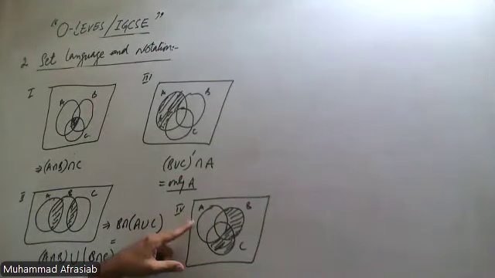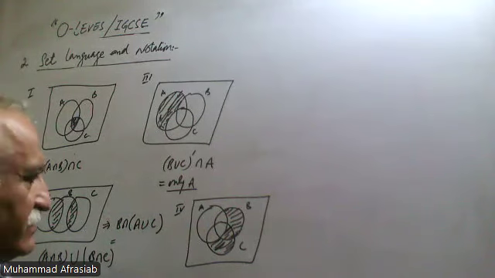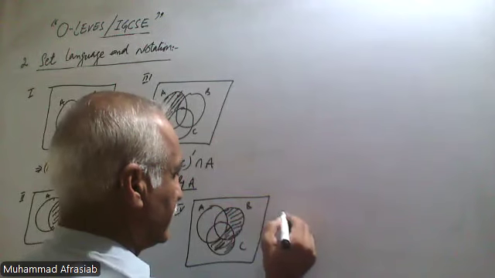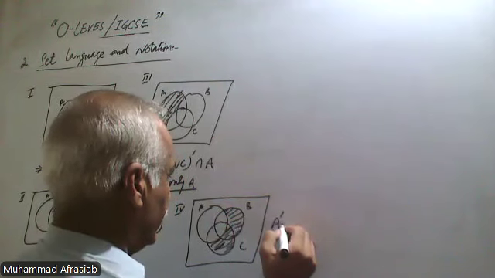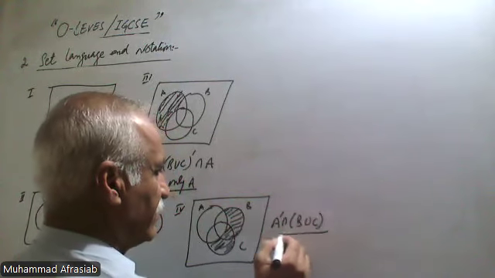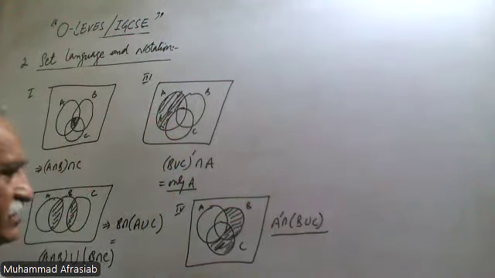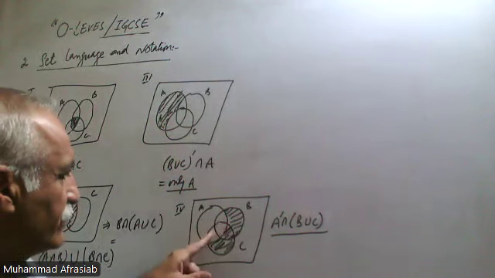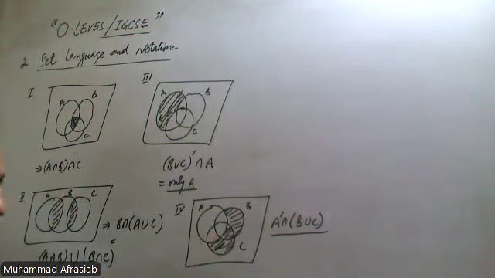Since in this figure, there is no element of A shaded there, we can write this as A complement intersection B union C. Because there's nothing from A there, but B union C is combined together, except the portion which is common with A, which is excluded. So it should be A complement intersection B union C there.